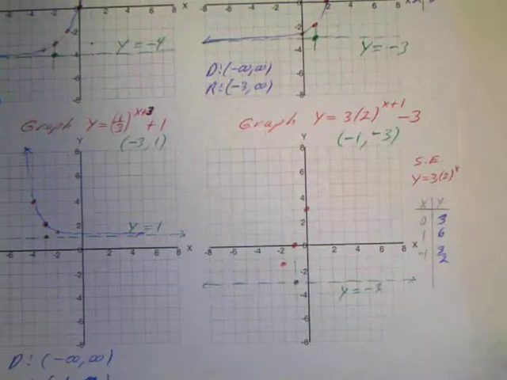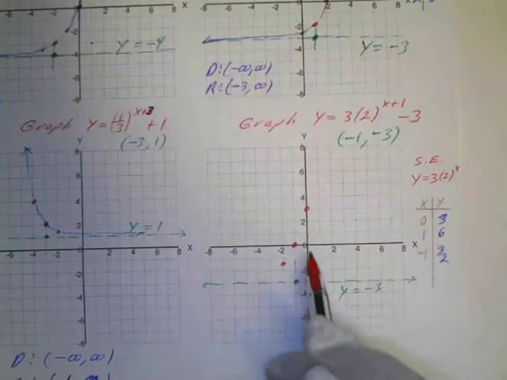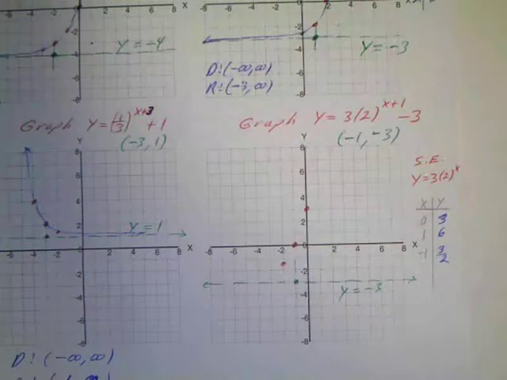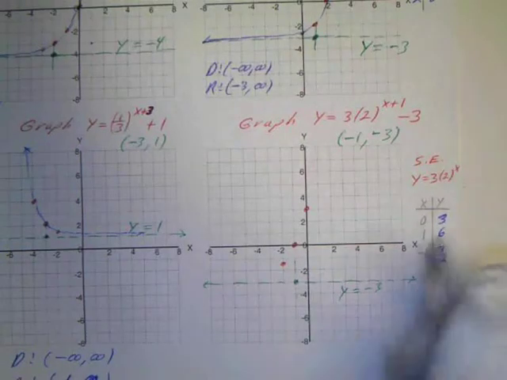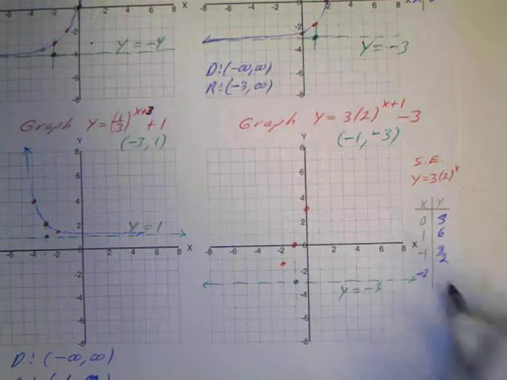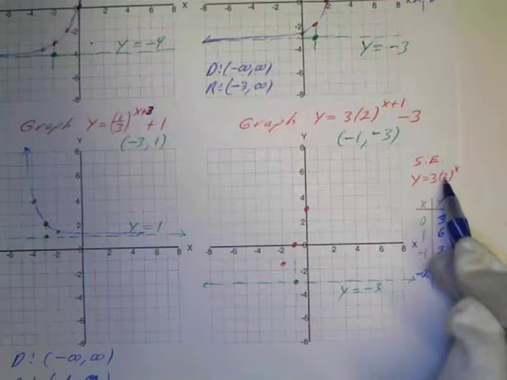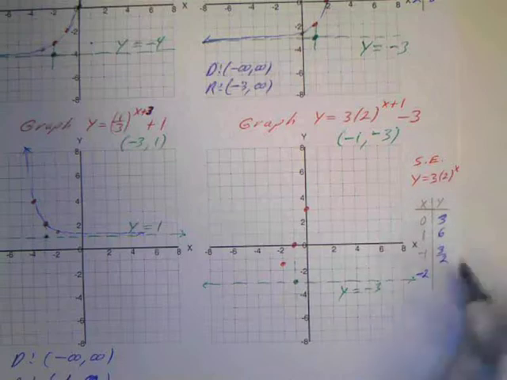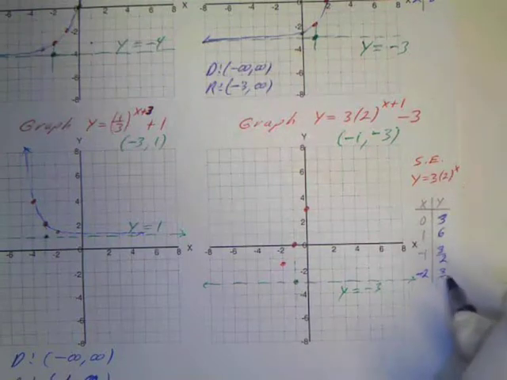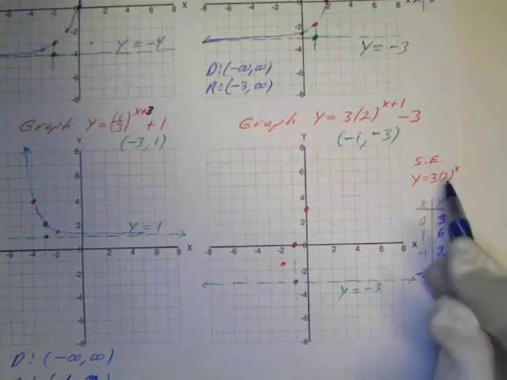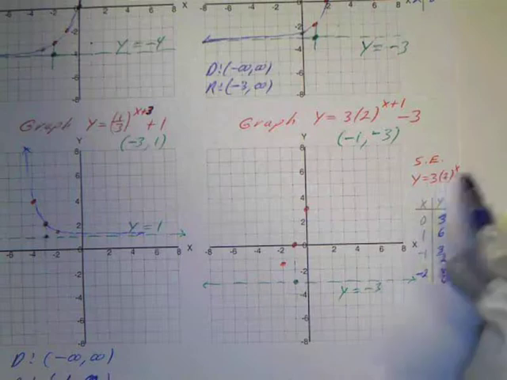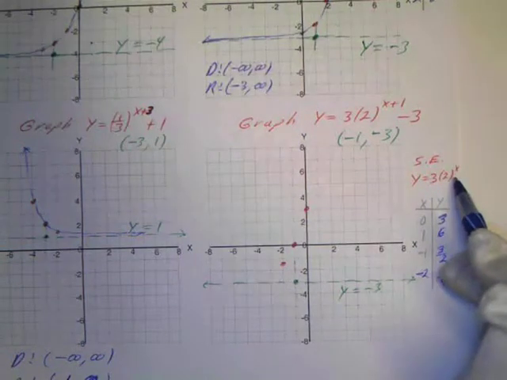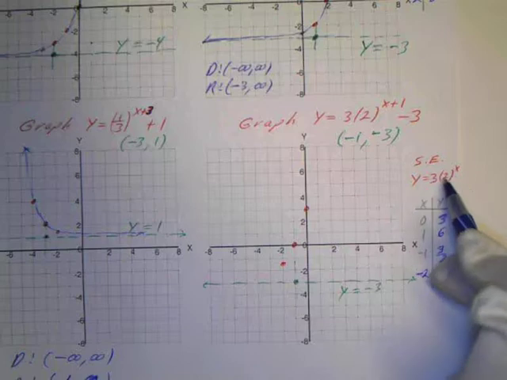I could try -2 and see what I have, just to get a little closer to my asymptote. So I could put -2 in here. What's 2 to the -2? Well, that's 1/4, and I would have 3 times 1/4, or I'd have 3/4. In other words, 2 to the -2 is 1 over 2 squared, which is 1/4, times 3 is 3/4, you see.